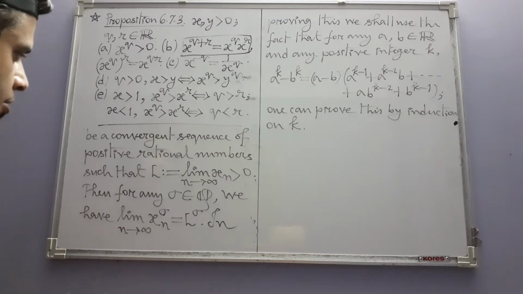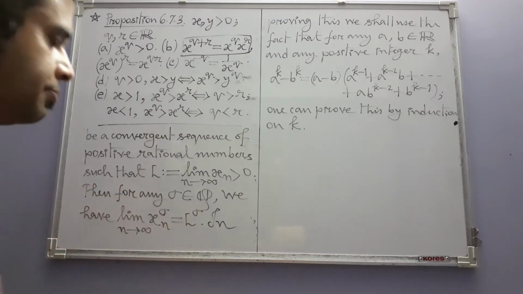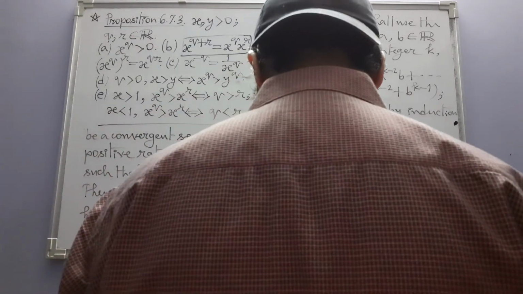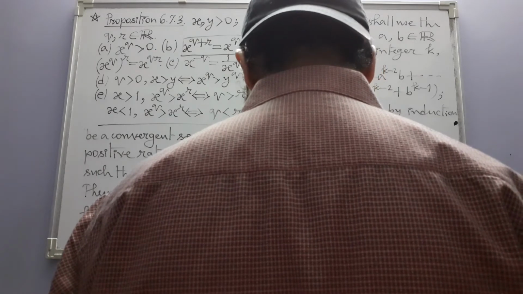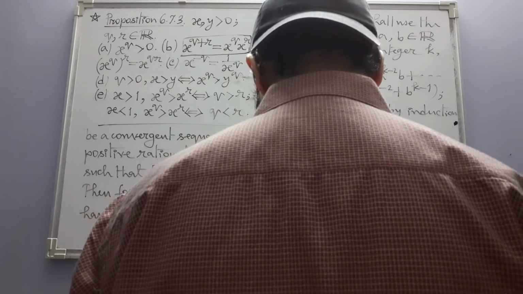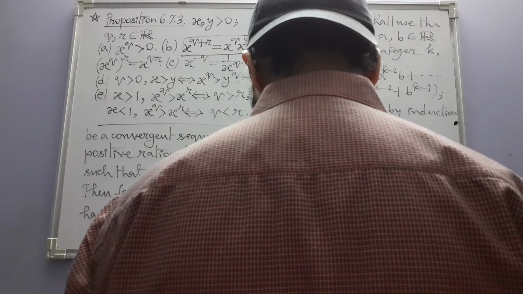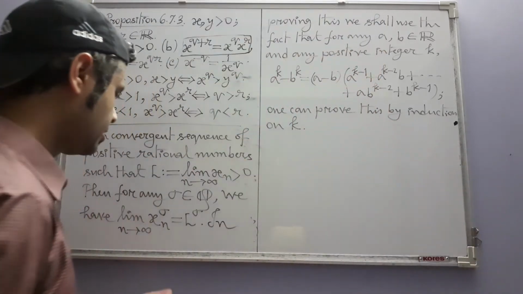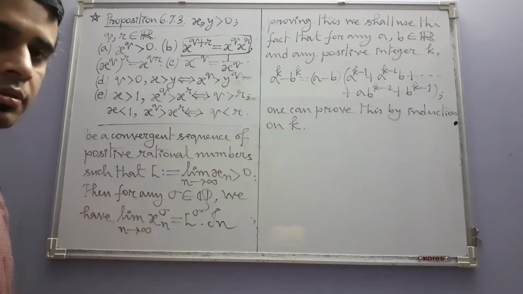Okay, so let us now start showing this thing. How can we possibly proceed? We start by considering the fact that sigma is a rational number.